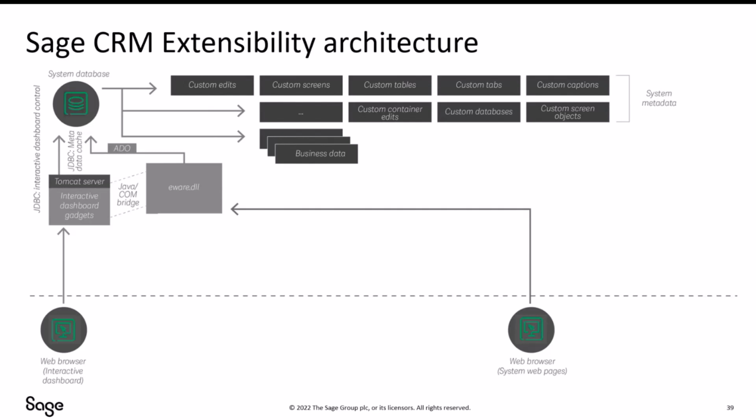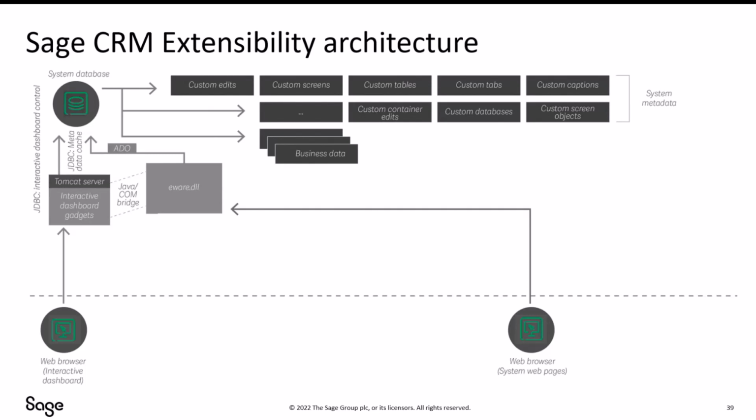So all that metadata is interpreted by the eWare DLL that knows how to make that appear inside the screen as the structure, as the HTML that is processed by the browser.